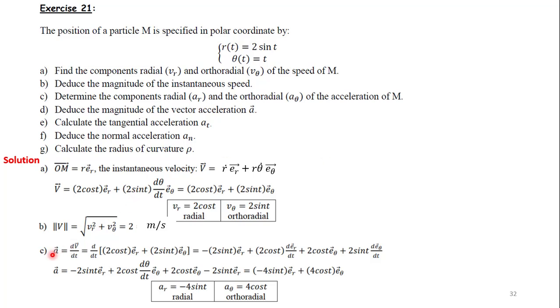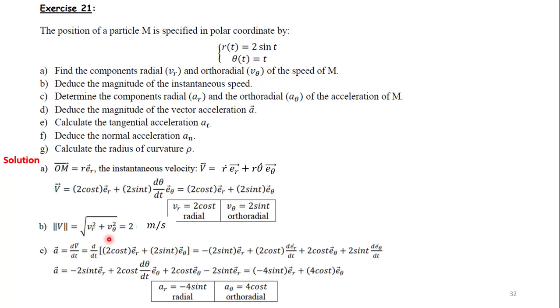So we can start by writing a equals dv over dt, and we can take the derivative of the velocity vector, which is given as 2 cosine t er plus 2 sine t e theta. So we can derive these two quantities with respect to time. Don't forget that this term depends on time, but also er depends on time, and e theta depends on time as well as sine t.